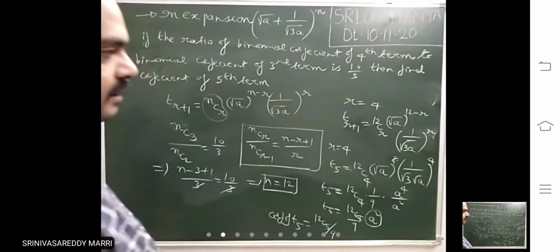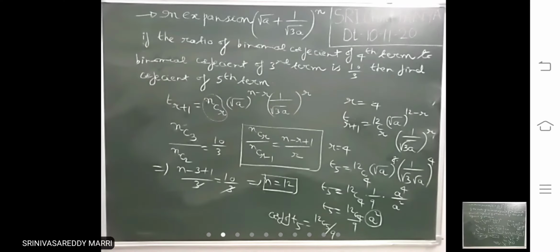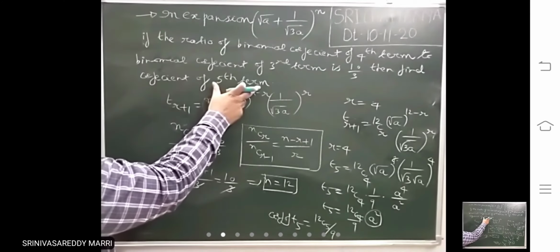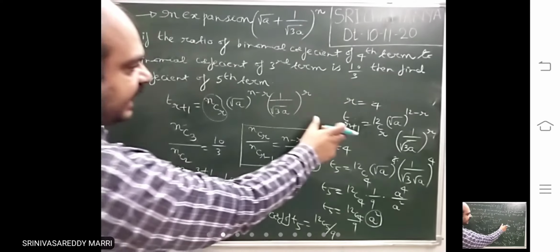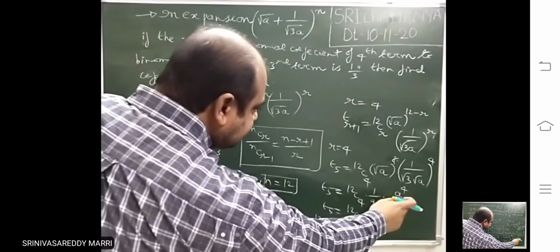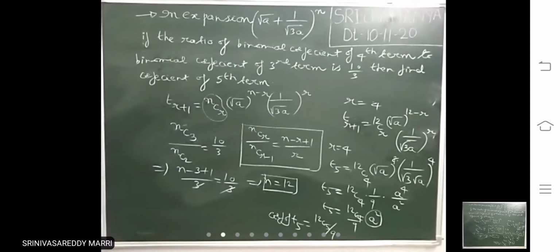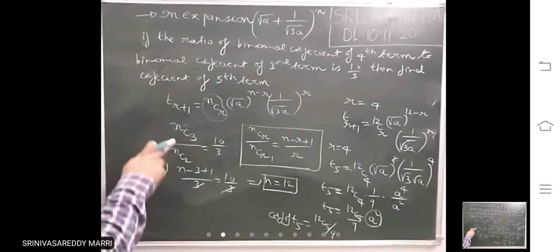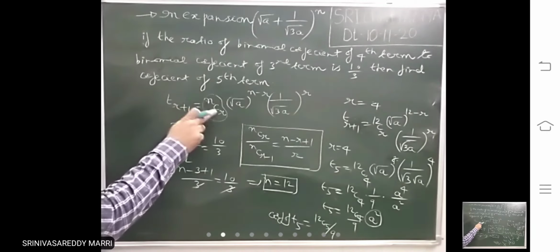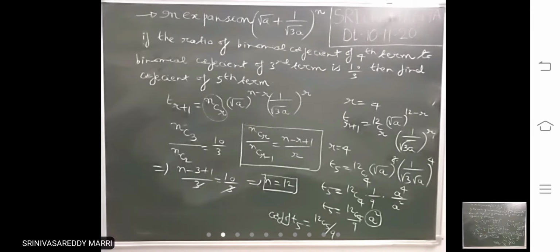Like that, whenever a term coefficient is asked, just write that term, leave the variable and write the constant. Coefficient is that. Binomial coefficient means just only that combination term. That is how to find the term coefficient.